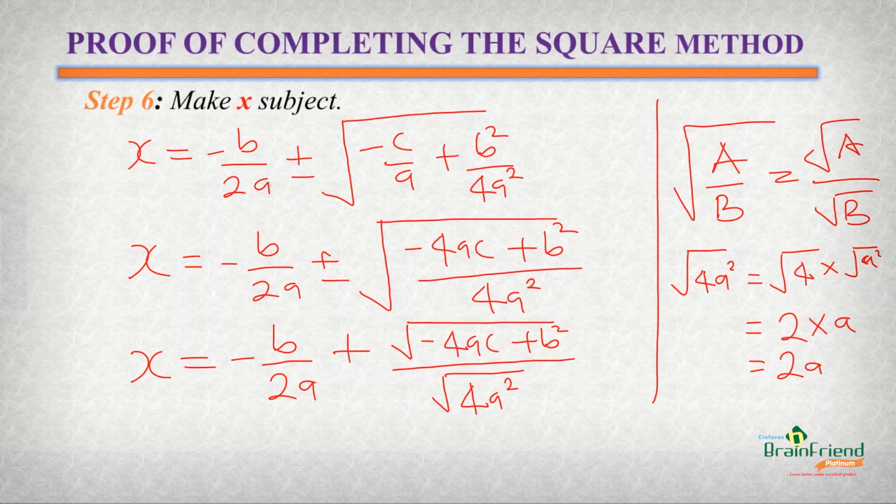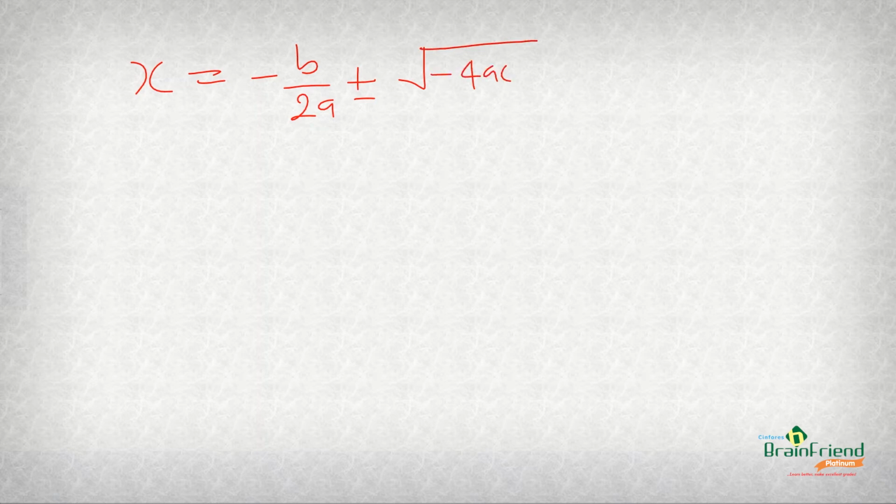Okay, so we now take this and replace the denominator on the right hand side. So we now have x is equal to minus b over 2a plus or minus square root of minus 4ac plus b squared all over 2a.